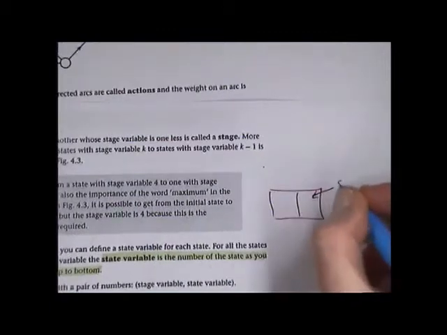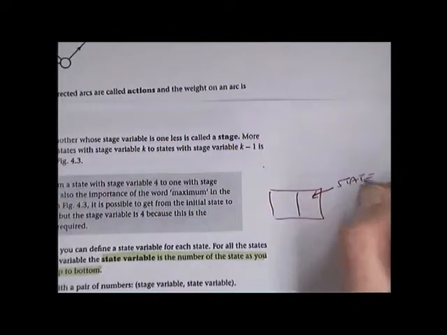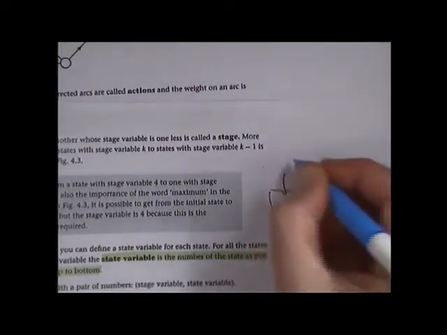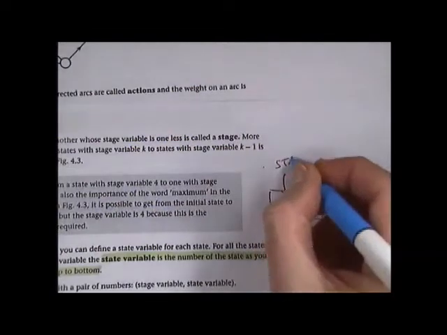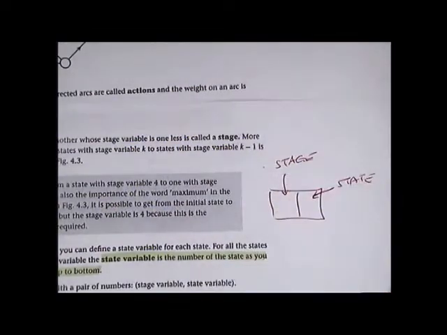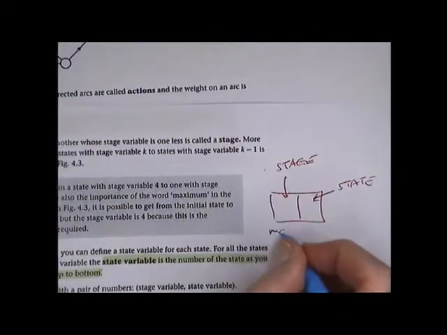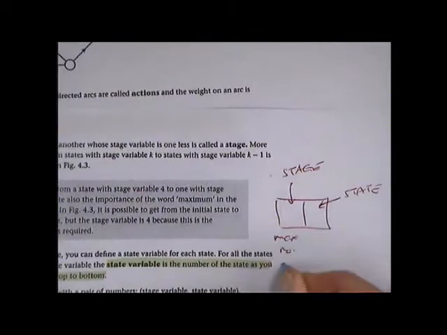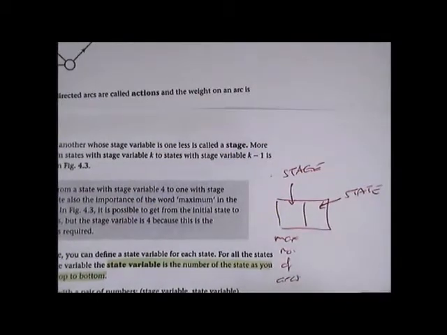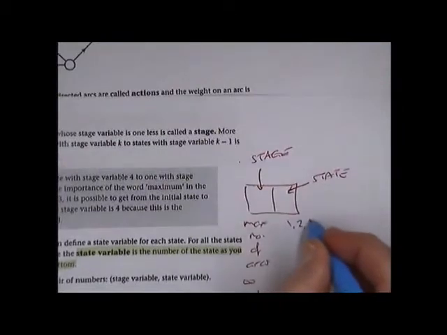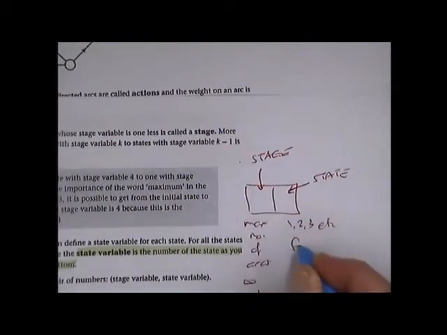This number here is a state variable, and that is just a number 1, 2, 3 down your diagram, and the first number here is your stage number. So you label each node with a stage and a state. The stage is the maximum number of lines, maximum number of arcs to the end, and the state is just 1, 2, 3, etc. for that stage.